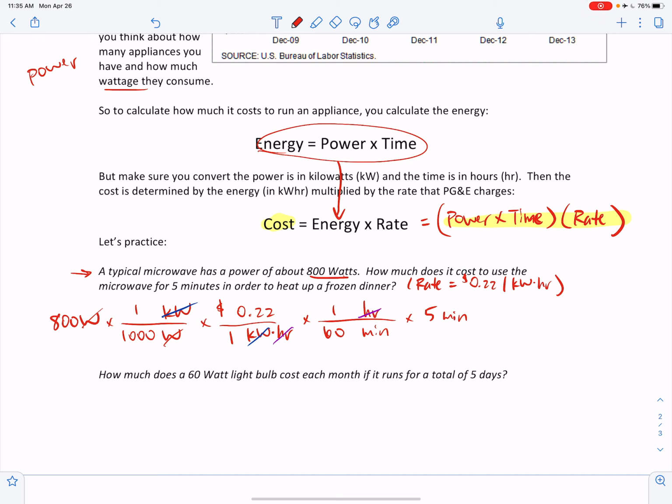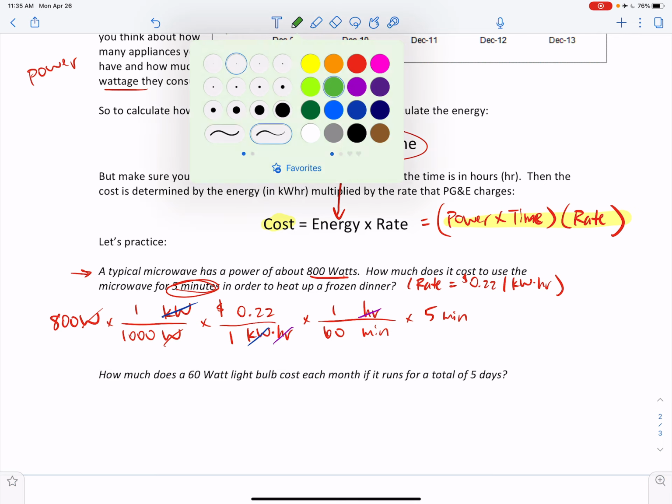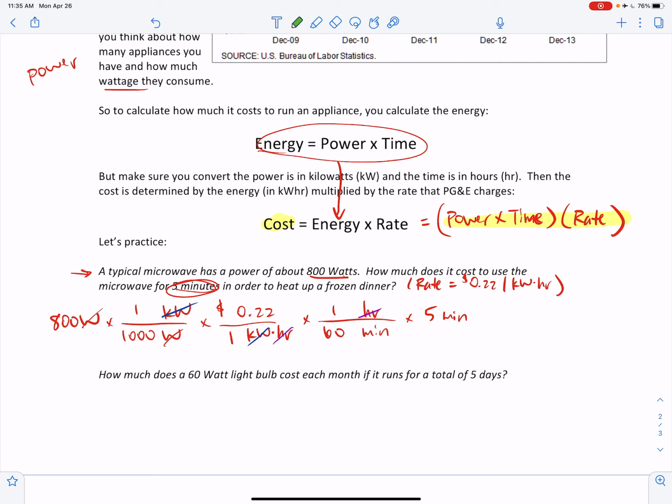And the 5 minutes is not a conversion factor. I'm using one of my givens here. And what does that do? That cancels out the last thing, which is minutes go away, and now I will just be left with dollars.